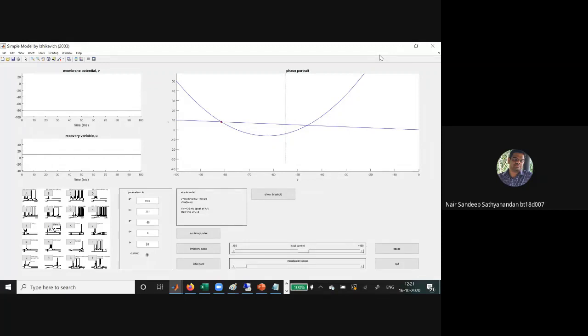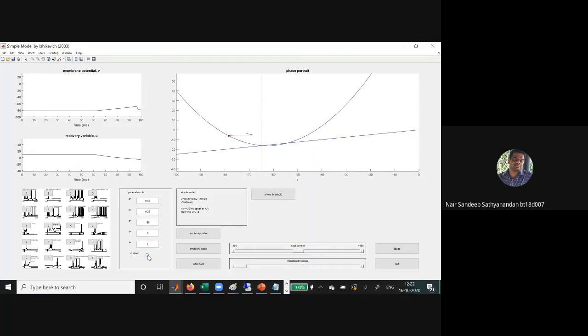Let us go into phasic bursting first. The A variable is given by 0.002, and let us configure B as 0.25, C as minus 65. Then you can see that the current is provided, and you can see the phase plot also.